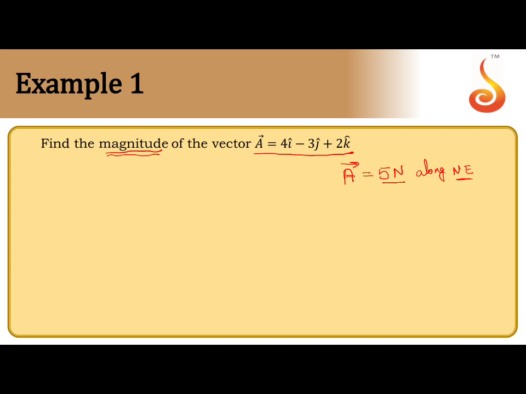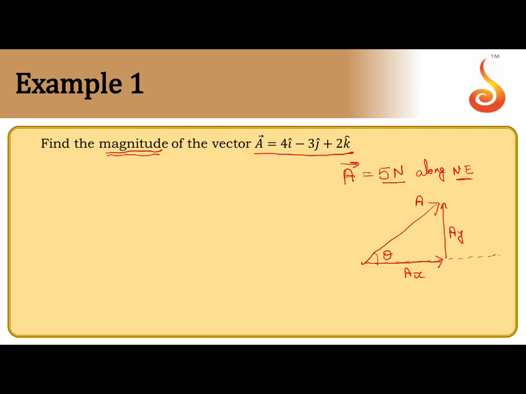The same vector, let's say this is the vector A, makes an angle theta with the horizontal. It can be resolved into two components. One is AX, the other one is AY. AX is the component of the vector A along the horizontal. AY is the component of A along the vertical.